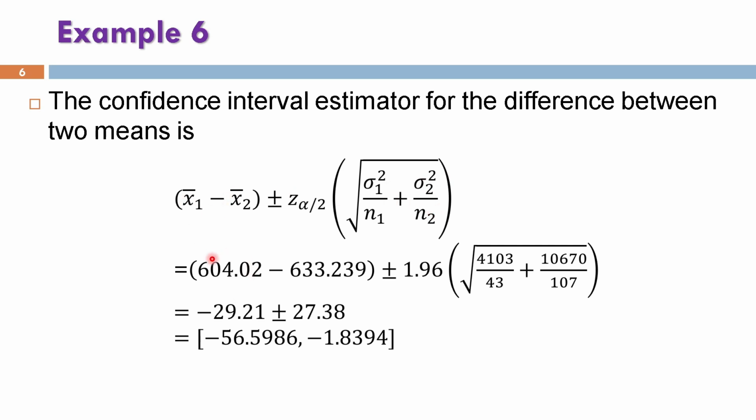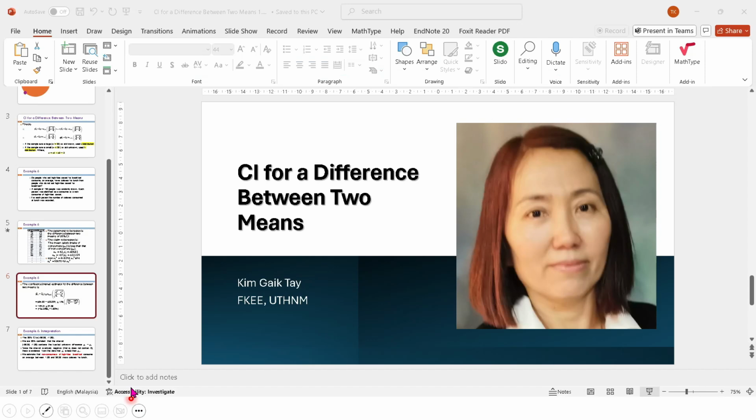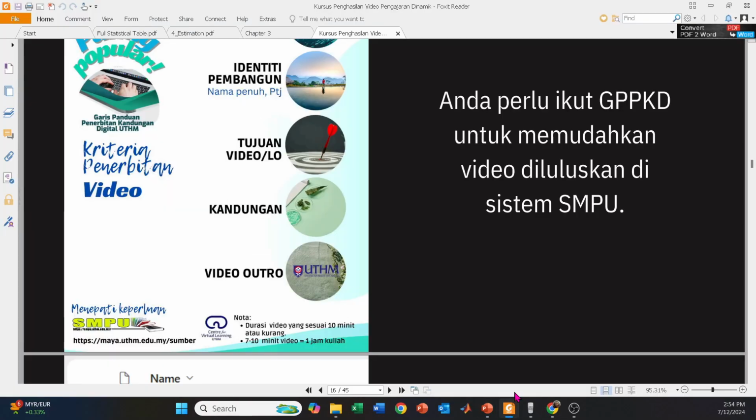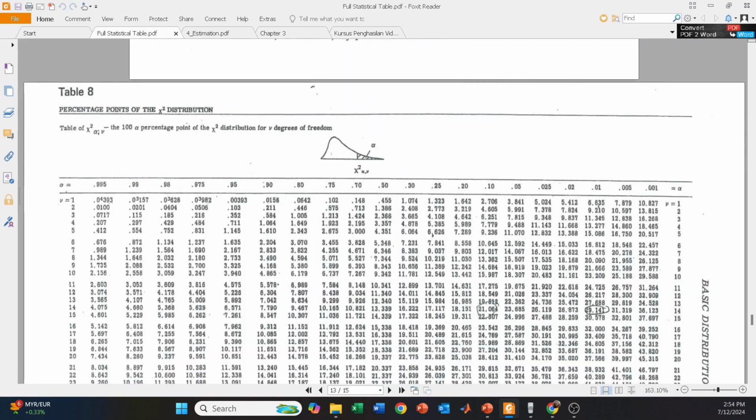So we plug in all the x bar 1, x bar 2. How do we get Z alpha over 2? 95% confidence interval, alpha is 0.05, alpha over 2 is 0.025. Need to ensure you have the full statistical table.